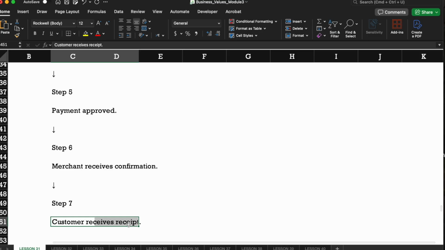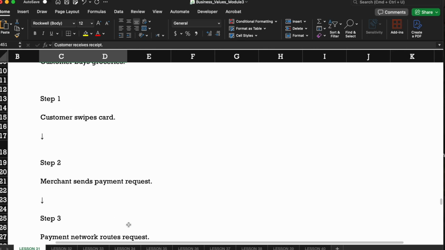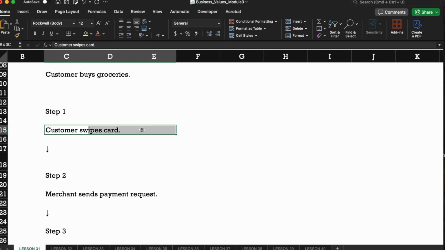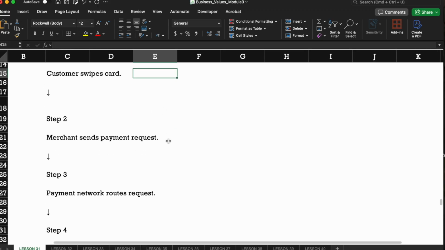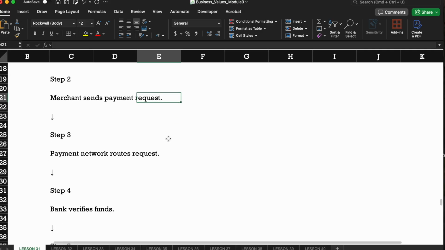Customer receives receipt. So for example, if you buy something from Amazon using your debit or credit card, Amazon sends a payment request, and the payment network routes the request, right?